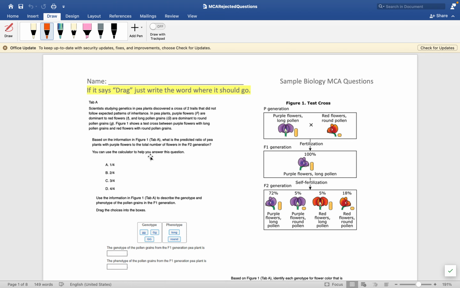So based on the information, what is the predicted ratio of pea plants with purple flowers to the total number of flowers in the F2 generation? Well, purple flowers, 72% plus 5% is roughly 77%, so roughly 3/4. So your answer to this one was C, 3/4.